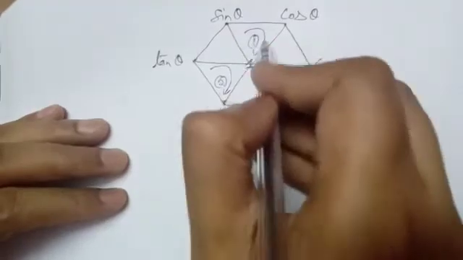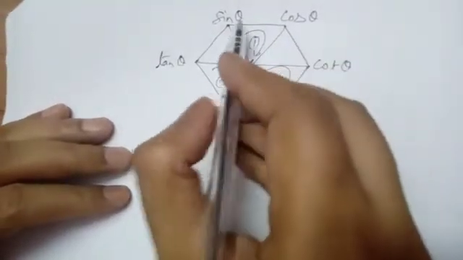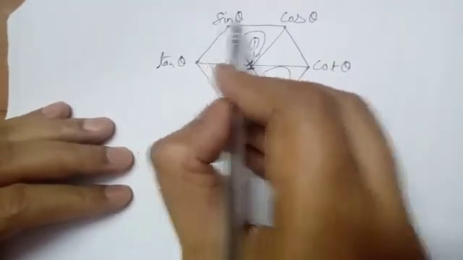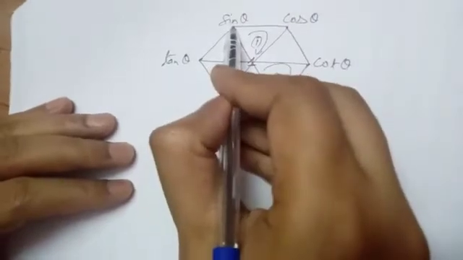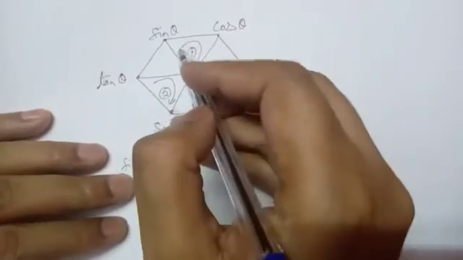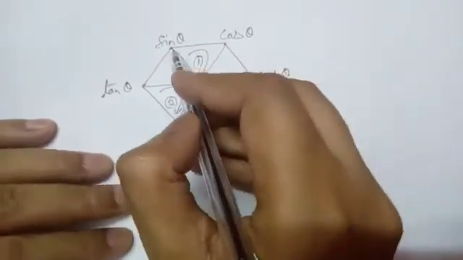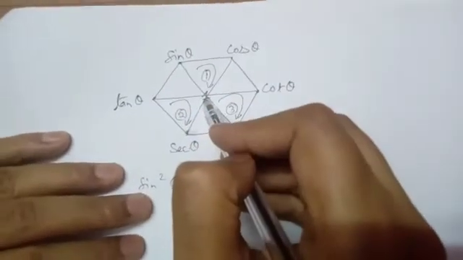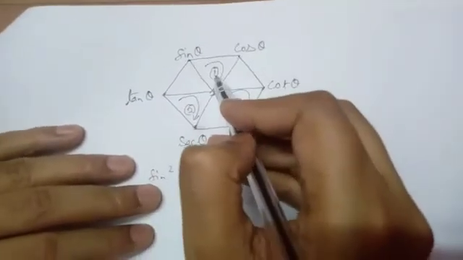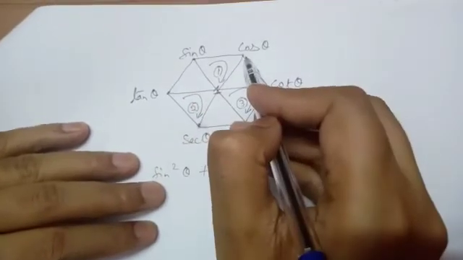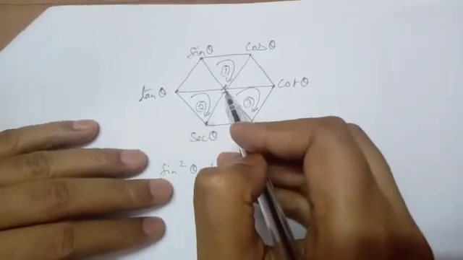Whenever we look at region 1, we have 3 vertices of this triangle, noted by 1. One is sin theta, other one is cos theta, and third one is 1.